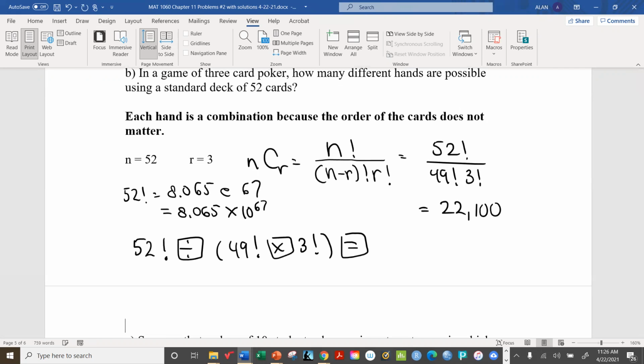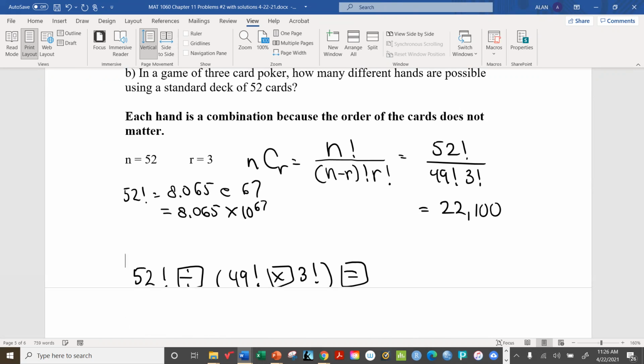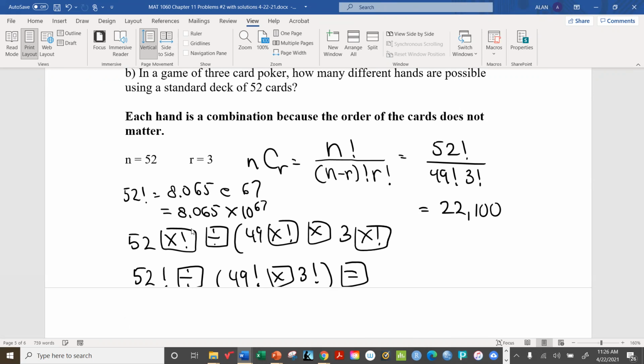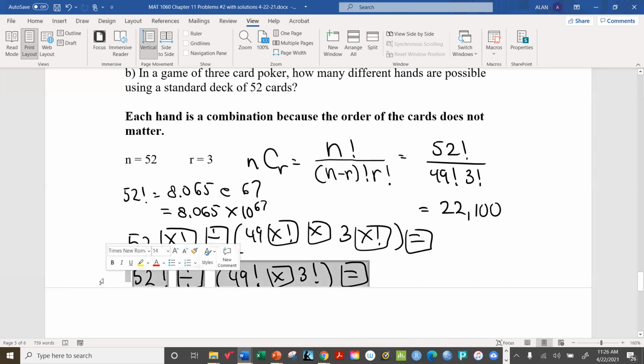I just realized, I think I'd like to fix this up a little bit. It should technically be 52 factorial divided by 49 factorial times 3 factorial, close parentheses, and equal. That should get you where you're going.